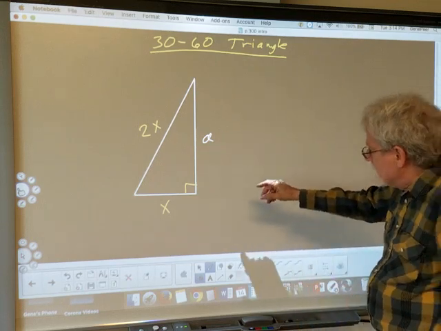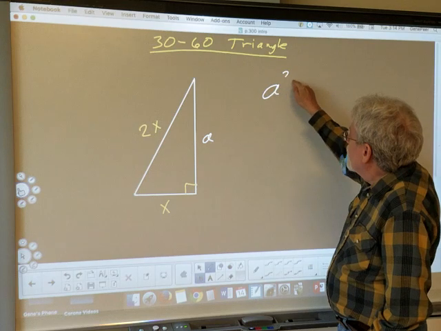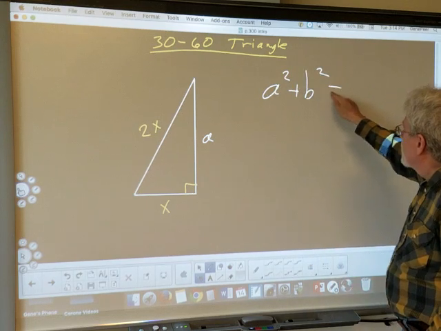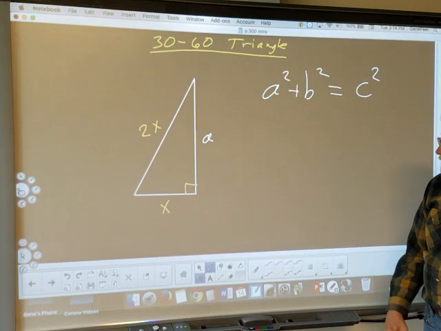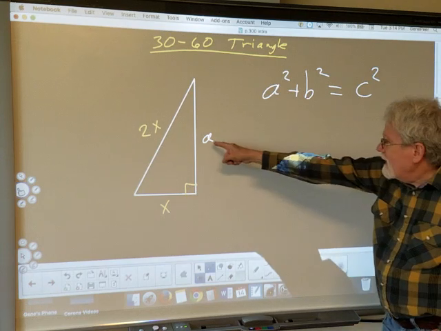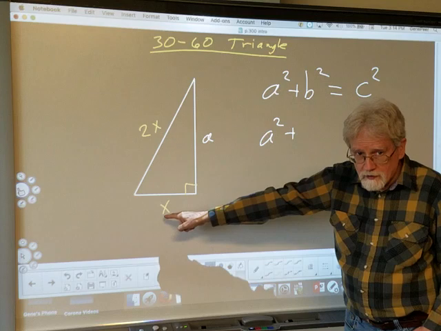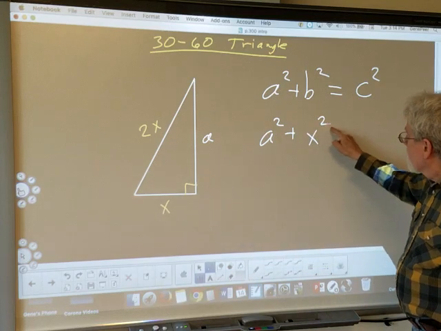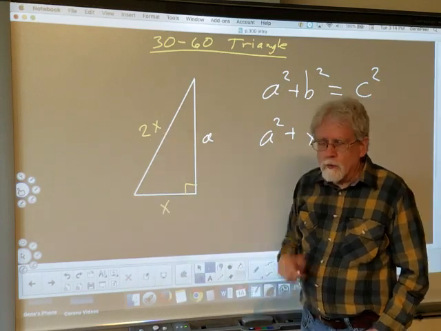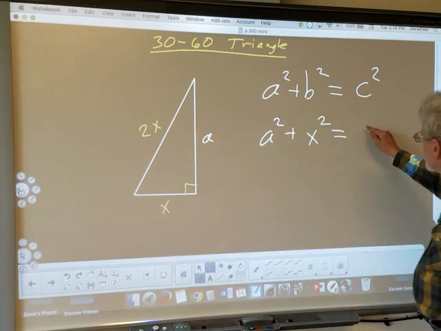Where were we? We're going to use a squared plus b squared equals c squared. Where in this case, a is just a, but what's b? b must be x. And c is 2x.